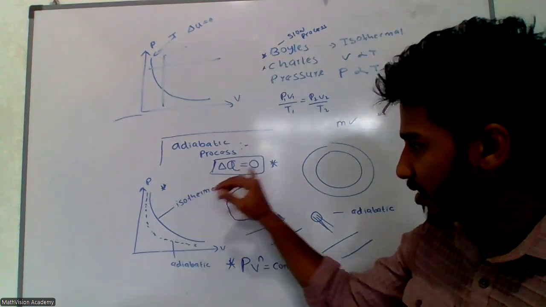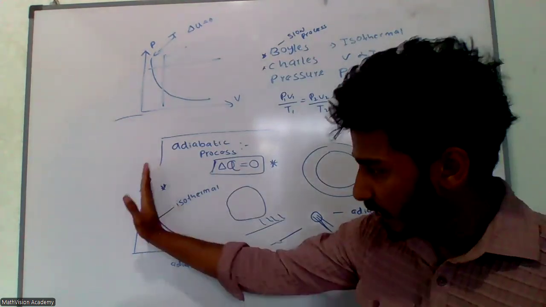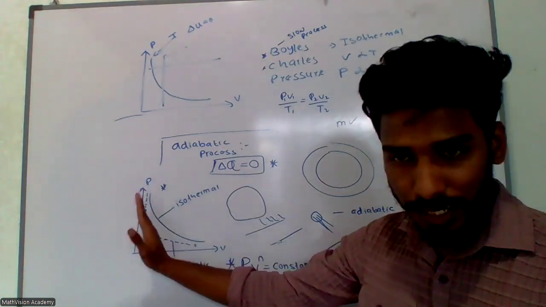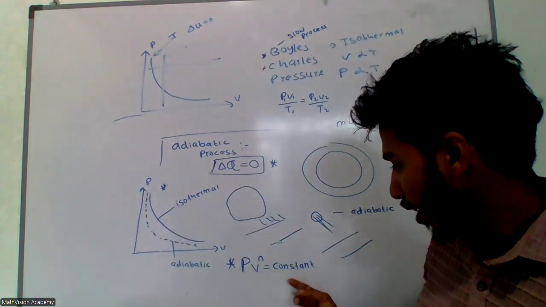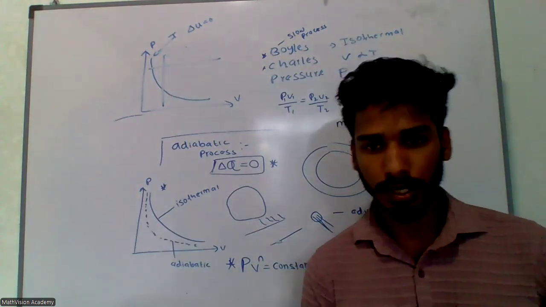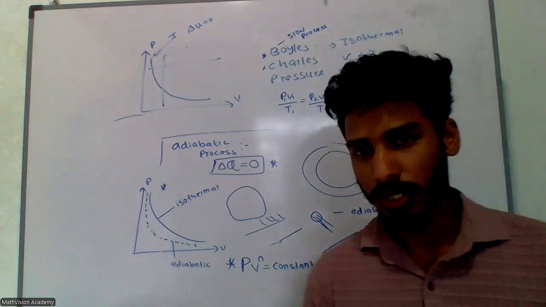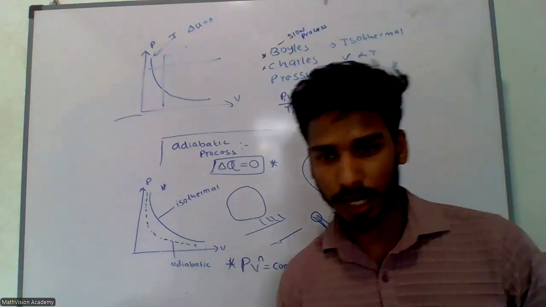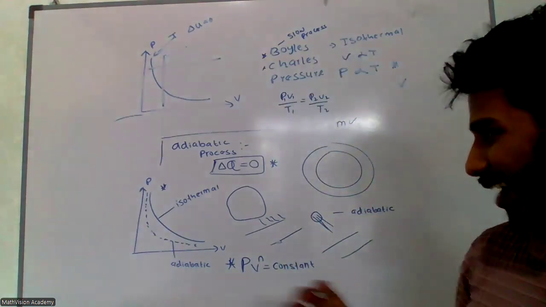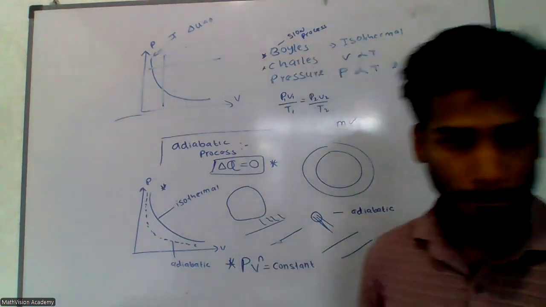The heat exchange is 0. It is somewhat steeper than an isothermal line, and TV to the power n is a constant. Okay. Now still I haven't given an idea about this sign convention. I'll come to it, but let's get the basics behind them.